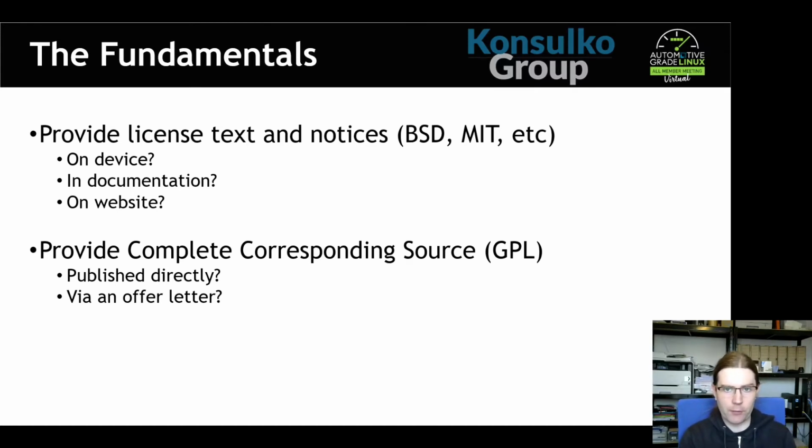They could be provided in the documentation, they could be provided on a website. The other thing, for copyleft licenses such as the GPL, is that you also need to provide complete corresponding source code. This is usually the thing that's a little more involved to do. This source code could be published directly alongside the binaries, or you could provide an offer letter to people telling them that you'll provide the source on request.